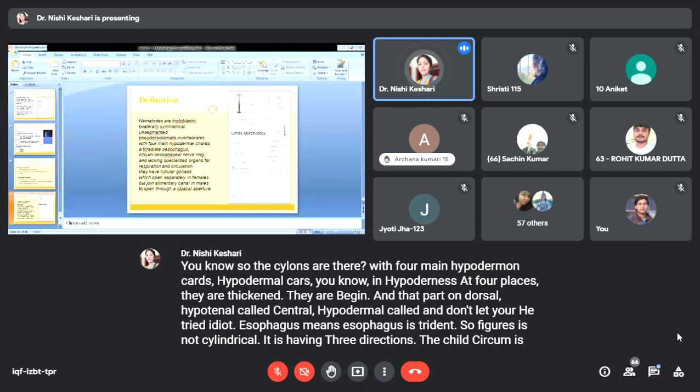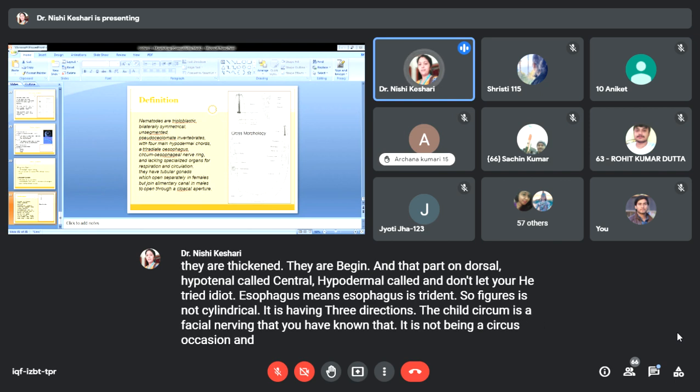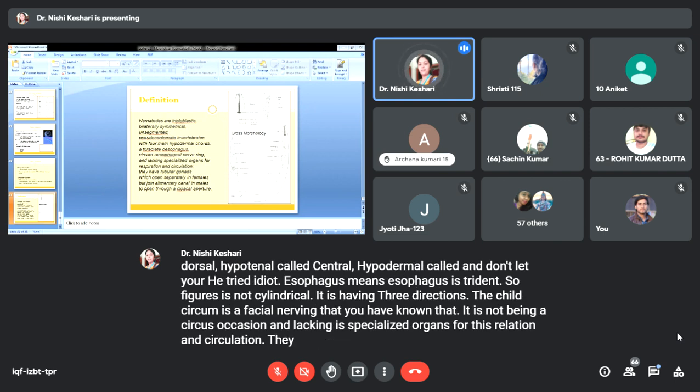Circumesophageal nerve ring, as you know, the nerve ring is circumesophageal, and lacking specialized organs for respiration and circulation. They have tubular gonads.